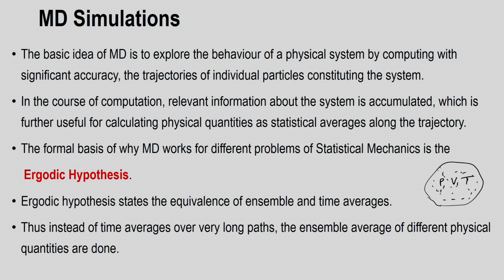Temperature comes out because of the kinetic energy of the molecules. The equipartition theorem says that per harmonic degree of freedom, the total energy at thermal equilibrium is equal to half kT.